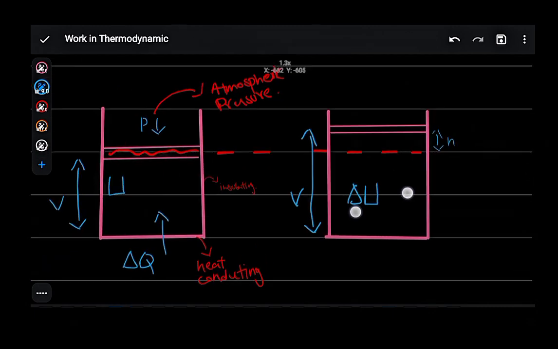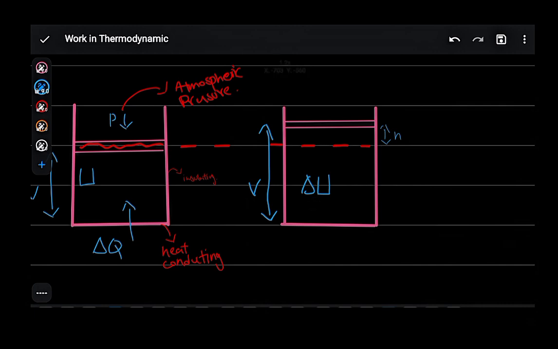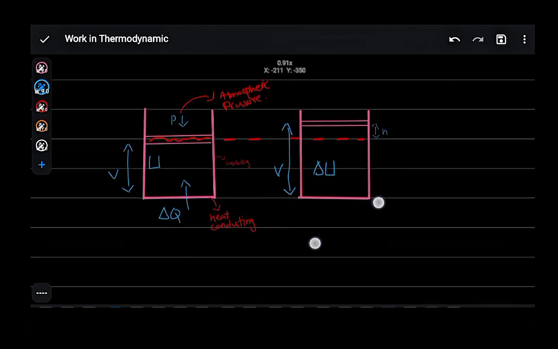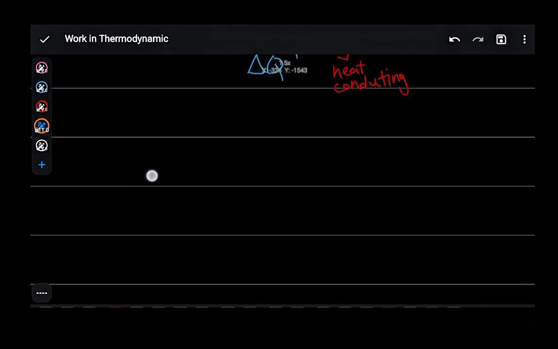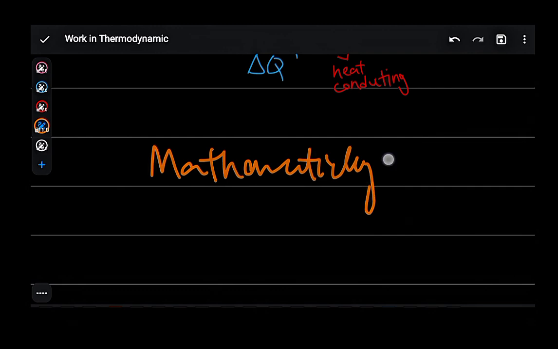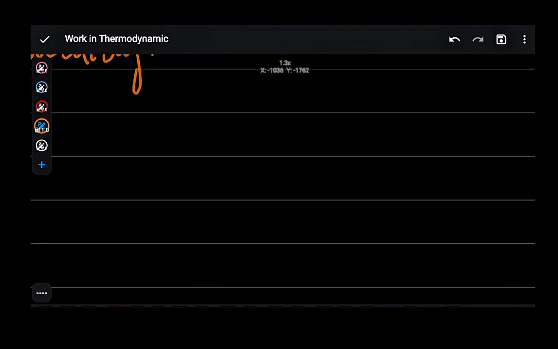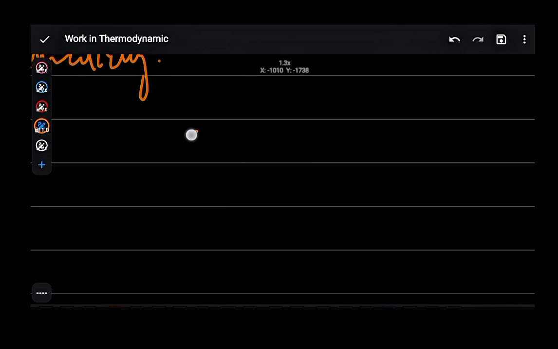Now let's go further. We'll come to the mathematical terms. Mathematically, work done is equal to F times H, which is our equation 1.